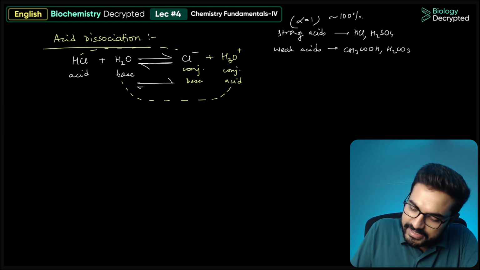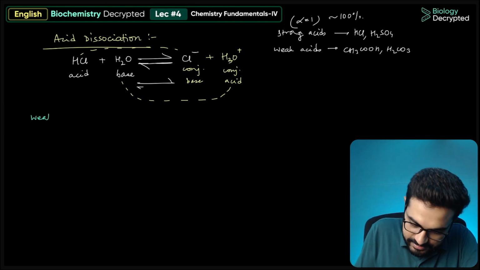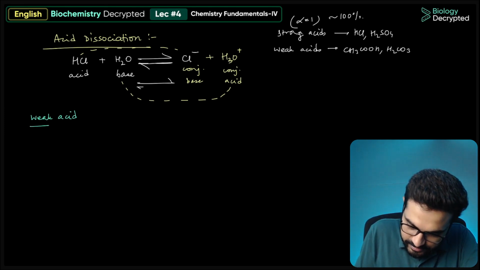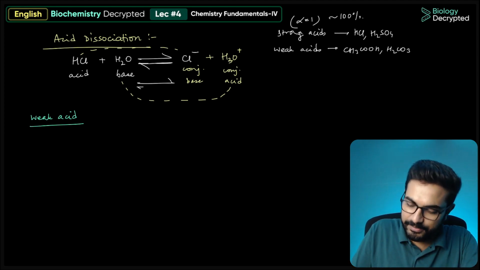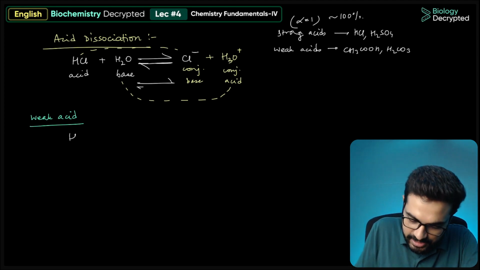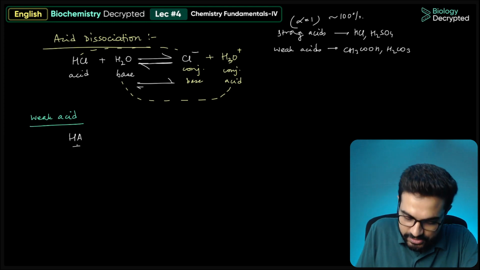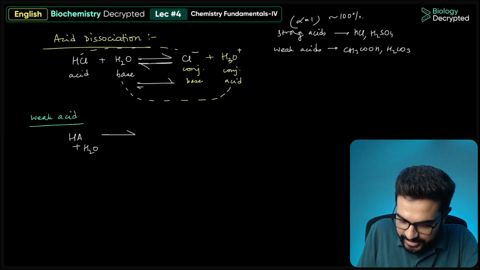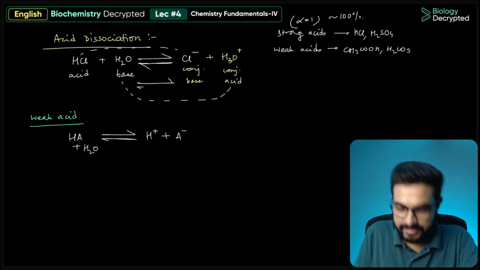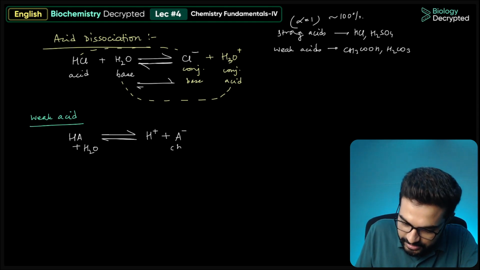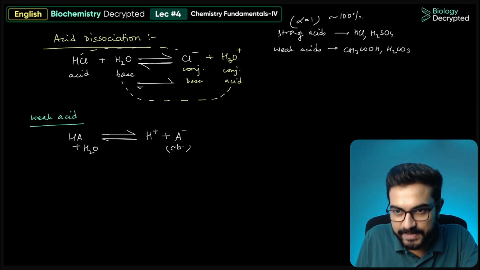Now let us consider a weak acid. Let's take an example of a general weak acid HA, undergoing dissociation in the presence of water, giving H plus plus A minus. This is how it forms the conjugate base and conjugate acid respectively.